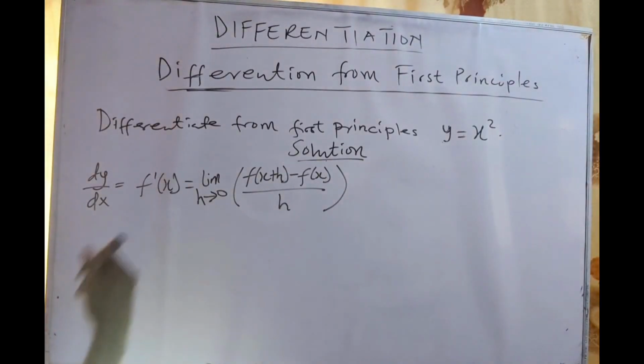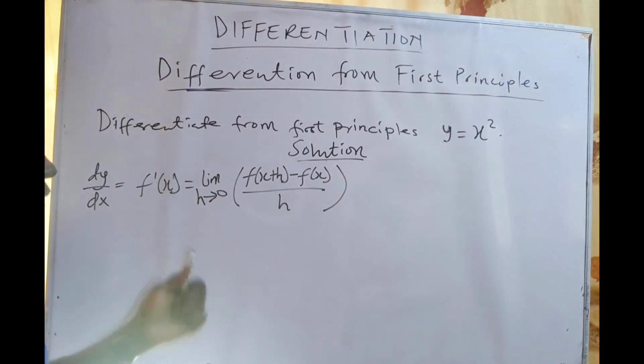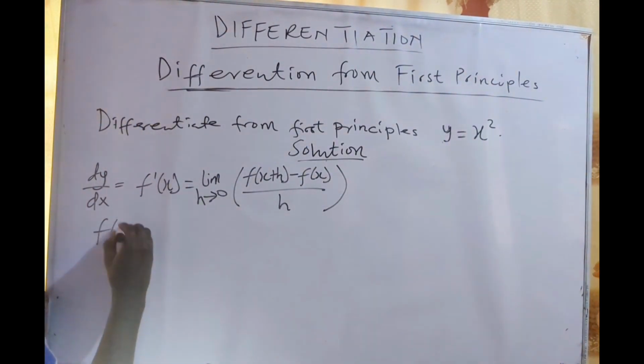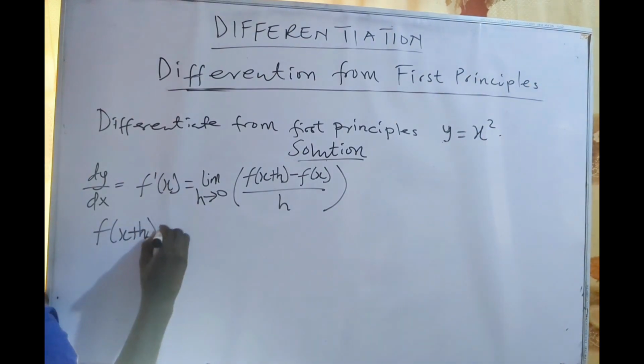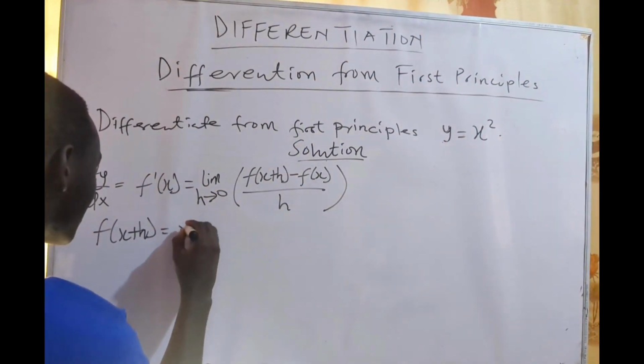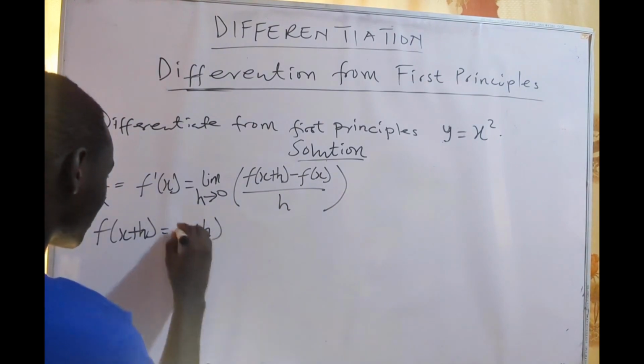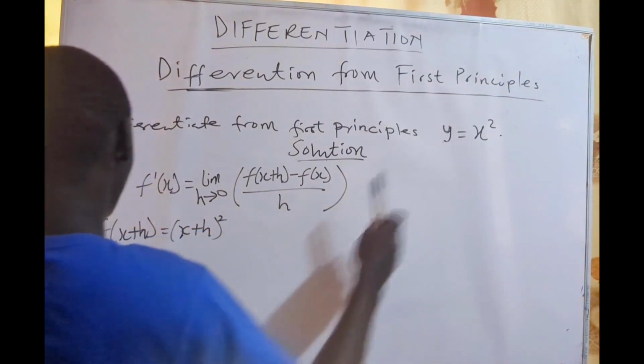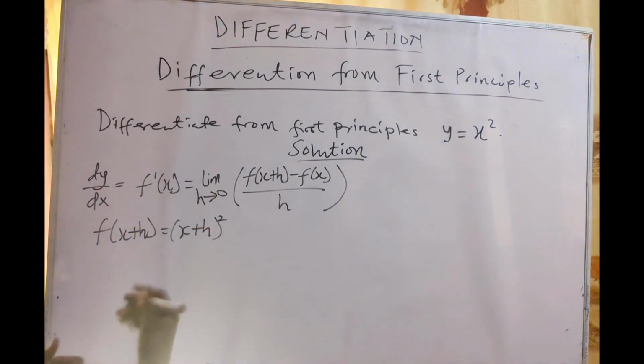So here is the formula for the first principle. Here we find our f of x plus h. Therefore our f of x plus h is equal to x plus h all squared. This means wherever you find your x, you substitute it by x plus h.